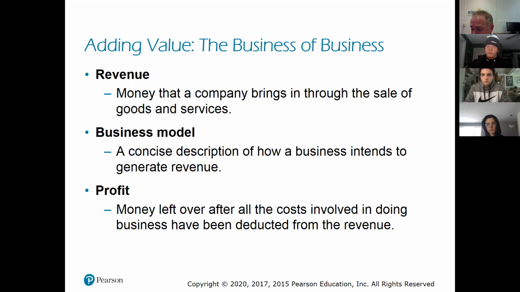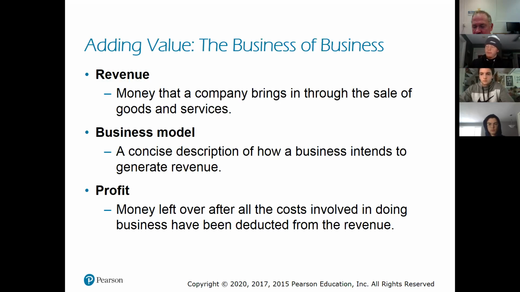The results of these decisions is what you would call the company's business model, how they go about doing their business. So a lot of this stuff that I'm going to be talking to you about is really defining how business is explained, because that's going to be important to you if you decide you're going to be a business management major.